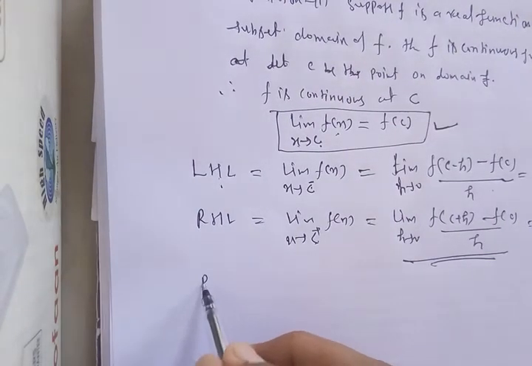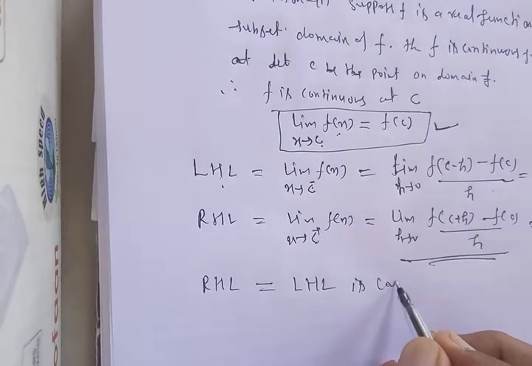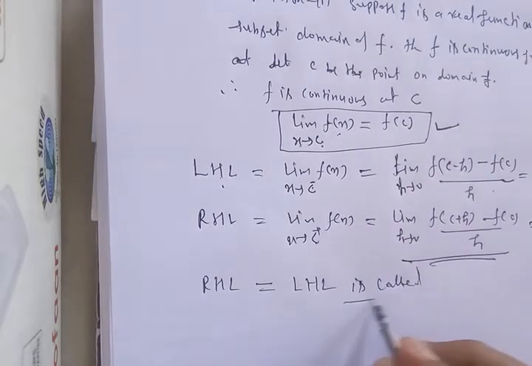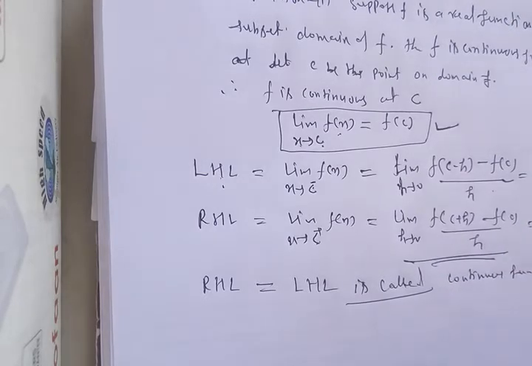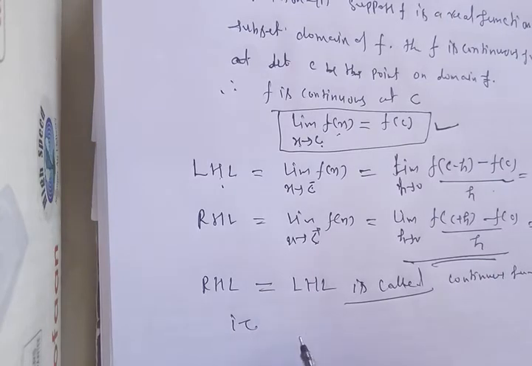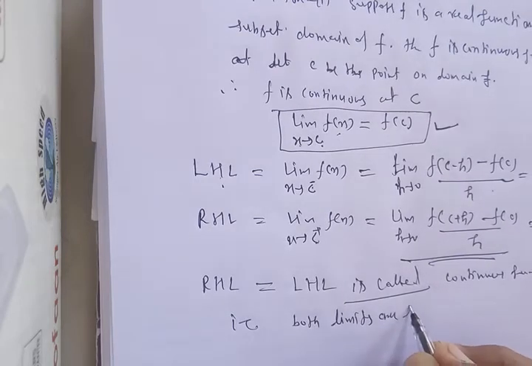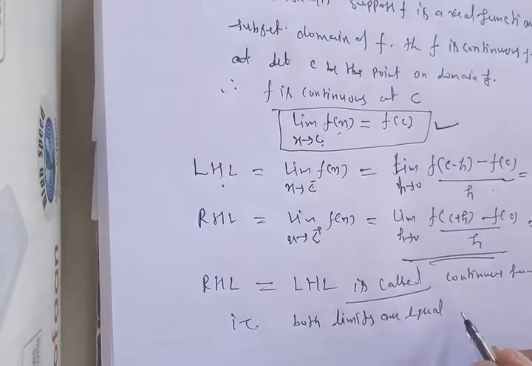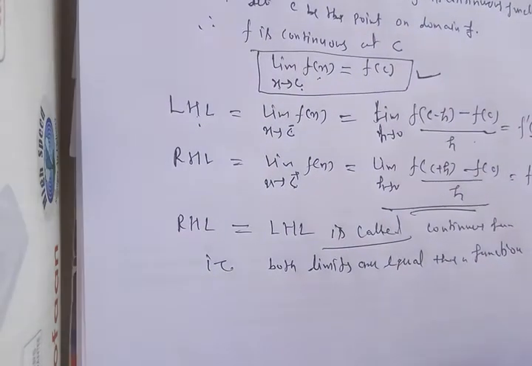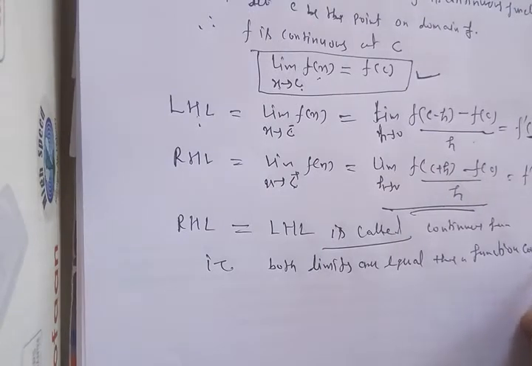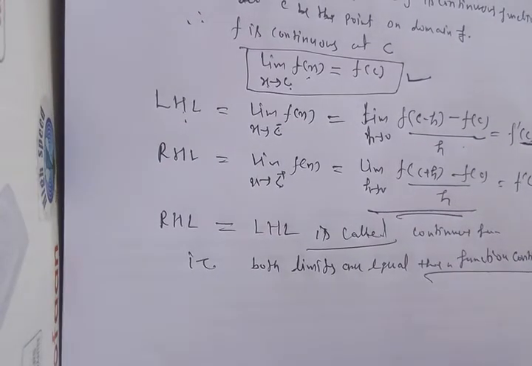If RHL equals LHL, that is, both limits are equal, then the function is continuous. Okay? This is a continuous function.